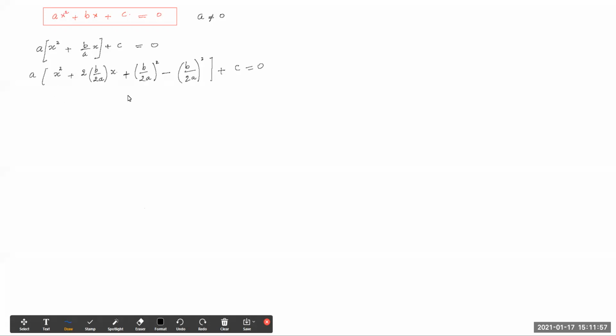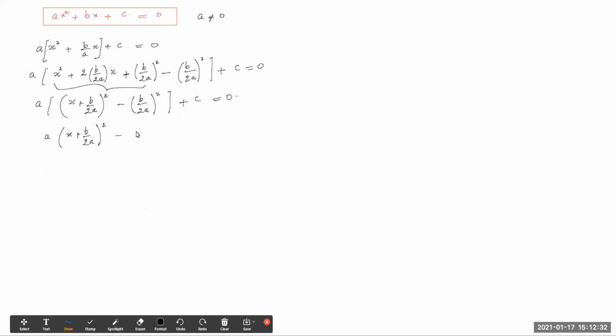And then we have the beginning of a square here. So we have a times x plus b over 2a square minus, now if I develop, so I will have a times x plus b over 2a, so I'm sure I already have the term that is power 2.